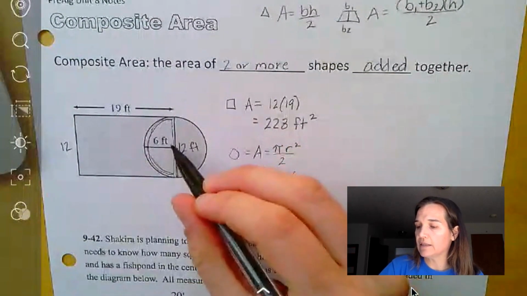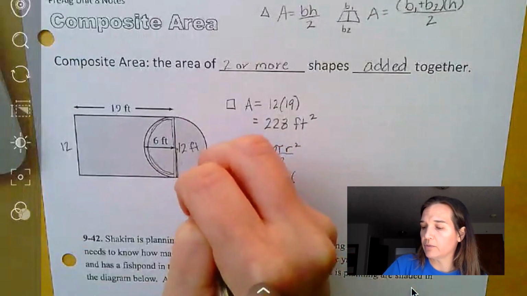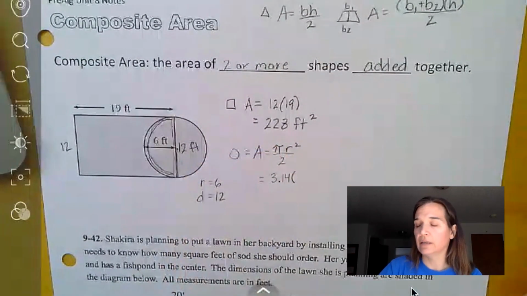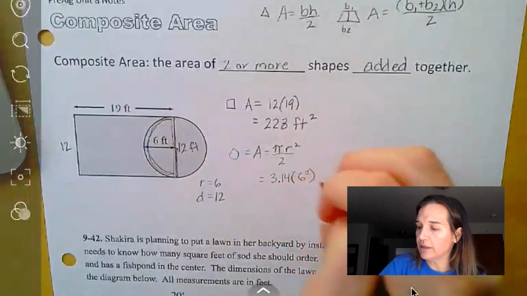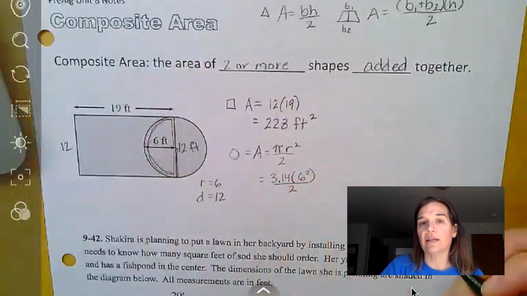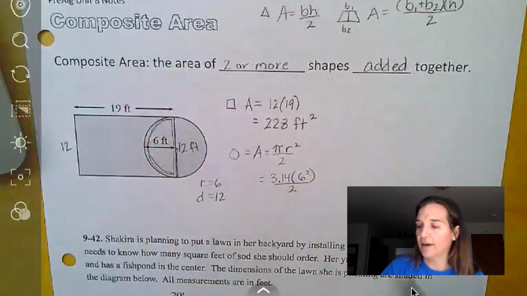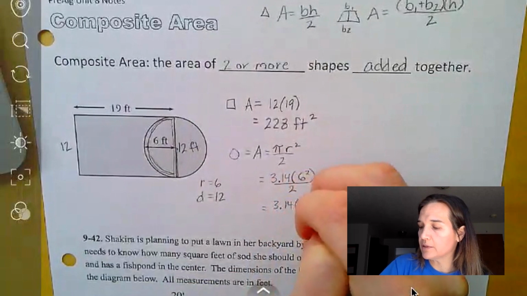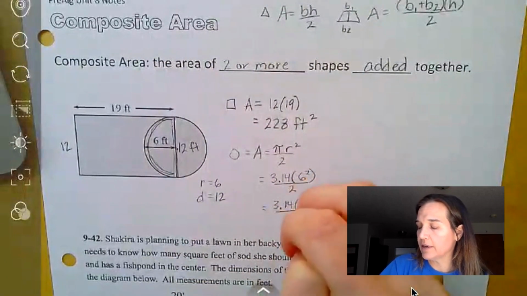Our radius in this case is 6. Remember, we have our radius of 6, diameter of 12 that we found earlier. And so I'll have 6 squared here. And then again, divided by 2 because we only want half the circle. This is going to be 3.14 times 36 divided by 2.